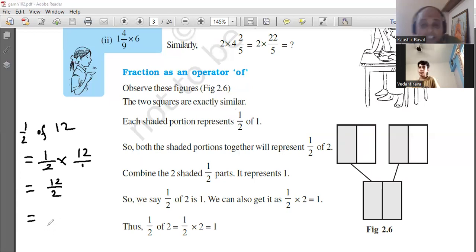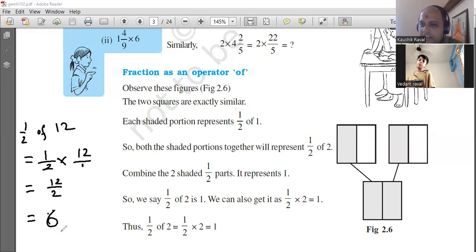No, I'm talking about division. You are talking about multiplication. This is 12 divided by 2. 6. Yes, 2 sixes are 12.